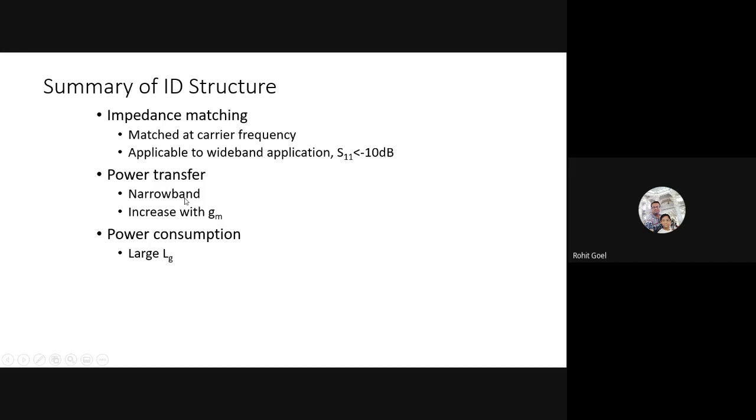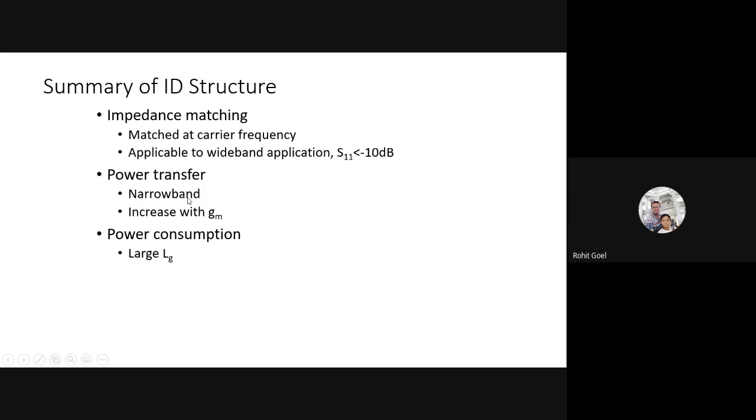Wideband application means if I am talking of 10 gigahertz or 28 gigahertz or 60 gigahertz, that is a high frequency application, but it will be a narrow band application. For this reason, I have written the power transfer is narrow band.